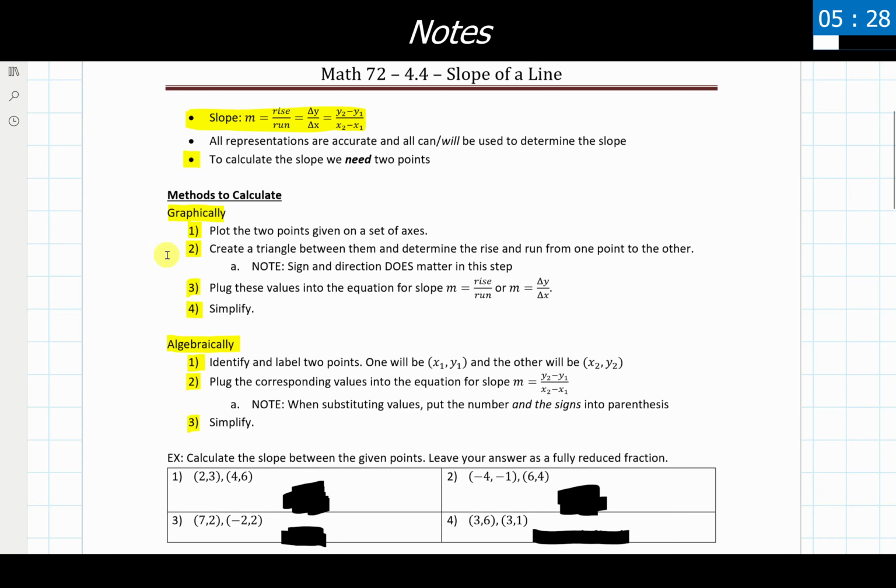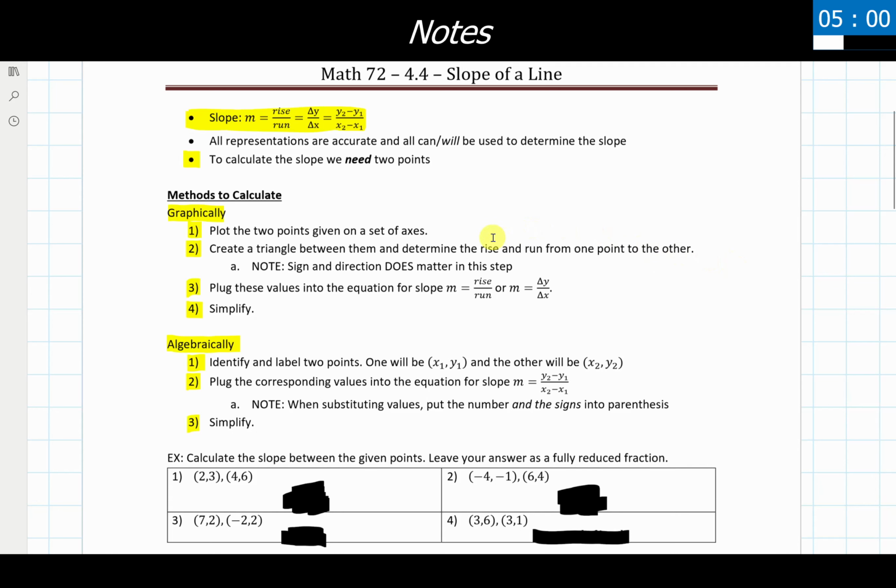Now the second step is going to seem a little bit weird until we look at 1 or 2 examples. But we're going to create a triangle between those 2 points and determine the rise and the run from one point to the other. Essentially, how much am I moving up or down from the first point to the second point, and how much am I moving left or right from the first point to the second point.